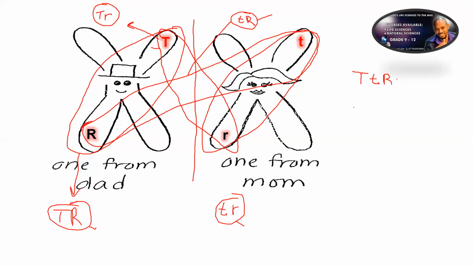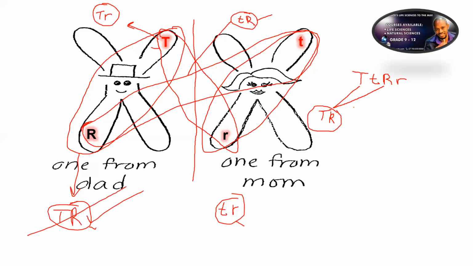Otherwise, the alleles will have to independently assort themselves. We can represent it this way. This one says, I could be with this one, and I give TR, capital T, capital R. This is one gamete. I'm sure we have that gamete somewhere here. So this one has been taken care of.